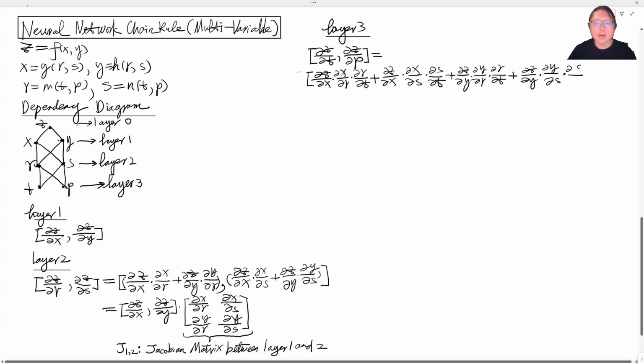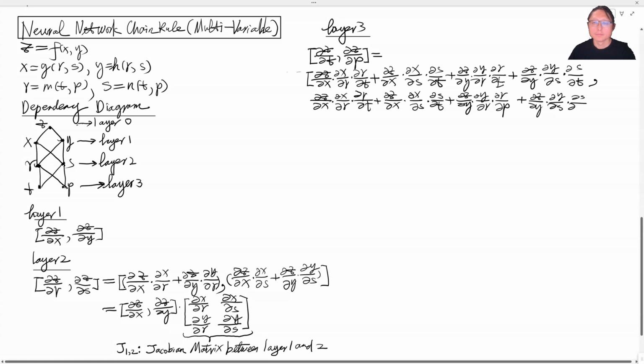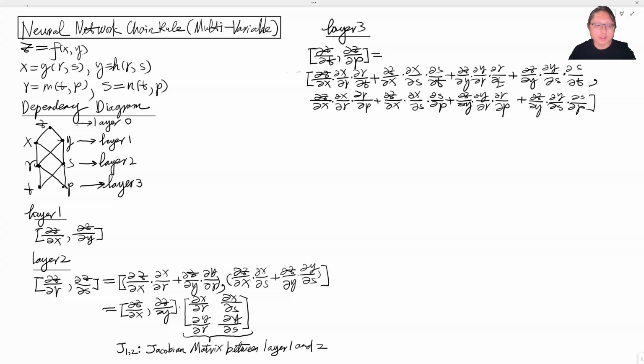So we will get the partial derivative of z with respect to t and the partial derivative of z with respect to p. And we will take some time to write the whole results here. After we write all the paths to get the partial derivative from layer 0 to layer 3, we observe this, and also depending on the knowledge we get from the forms of layer 2, we can guess.